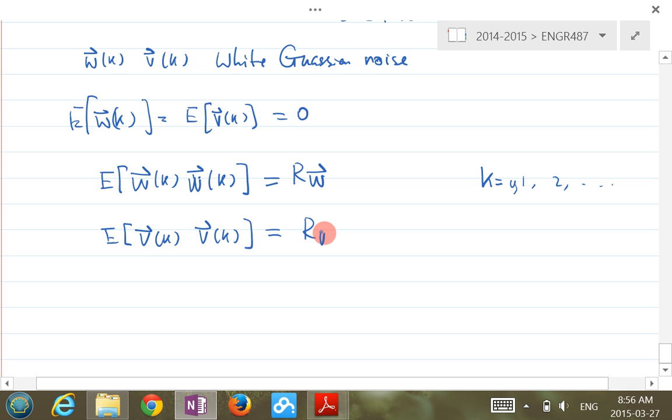Same thing for the V random vector, and you get RV. So these two are correlation matrices, and because they're independent among each other, essentially it's a correlation matrix. It's also the covariance matrix. It's the same because these two are the same at this stage.